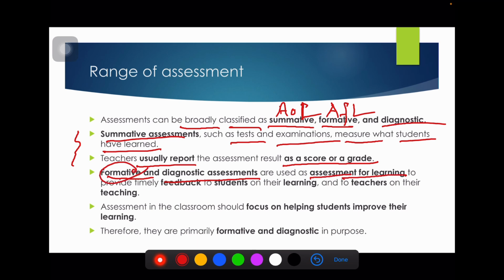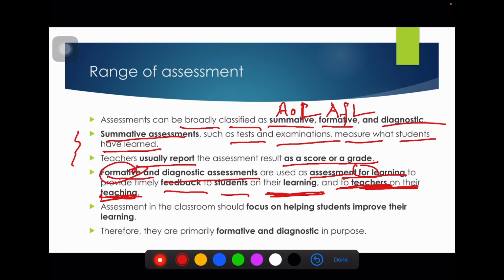So formative is assessment for learning to provide timely feedback to students on their learning, and to teachers on their teaching. So for students, it's feedback on their learning, but for teachers, it is about how they teach.